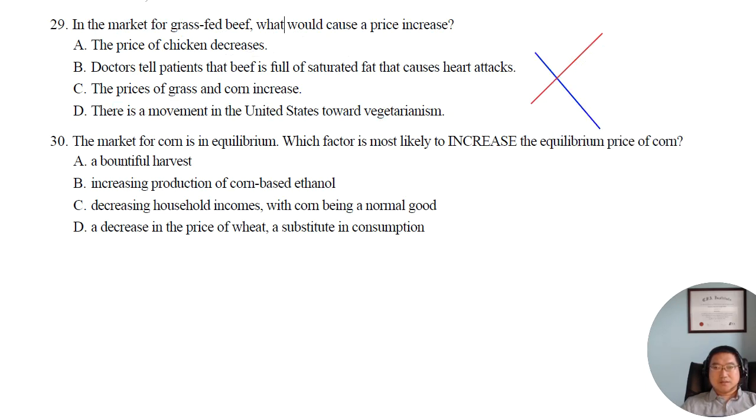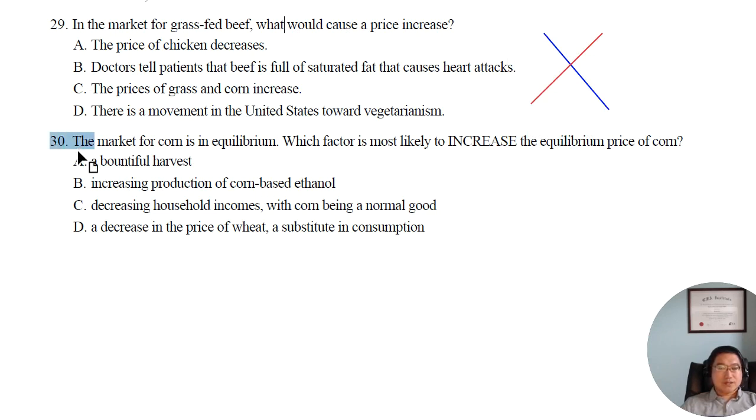And you move downward along the supply curve. You have a lower equilibrium price and a lower equilibrium quantity. And will there be a price increase for D? Probably not. All right, that's question 29.